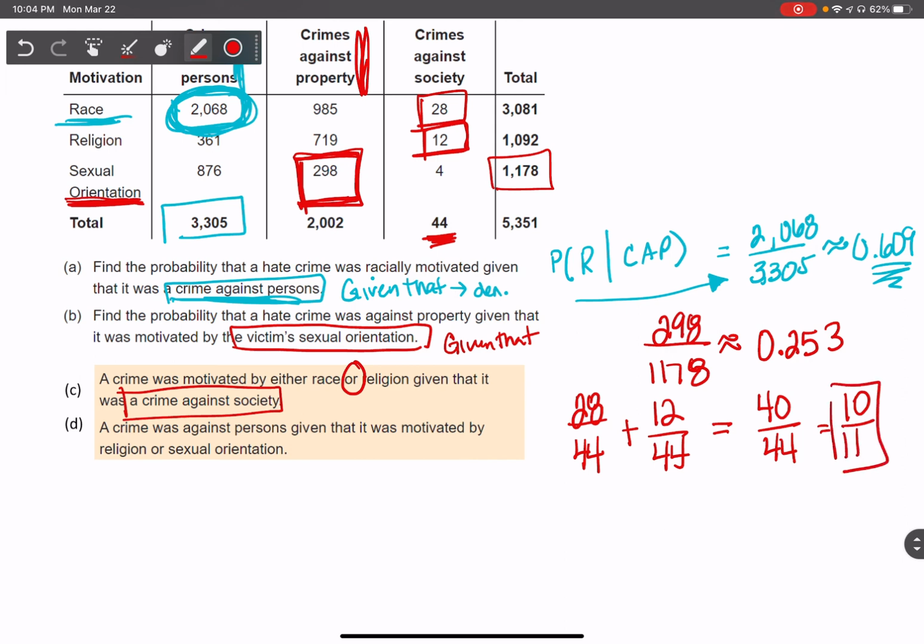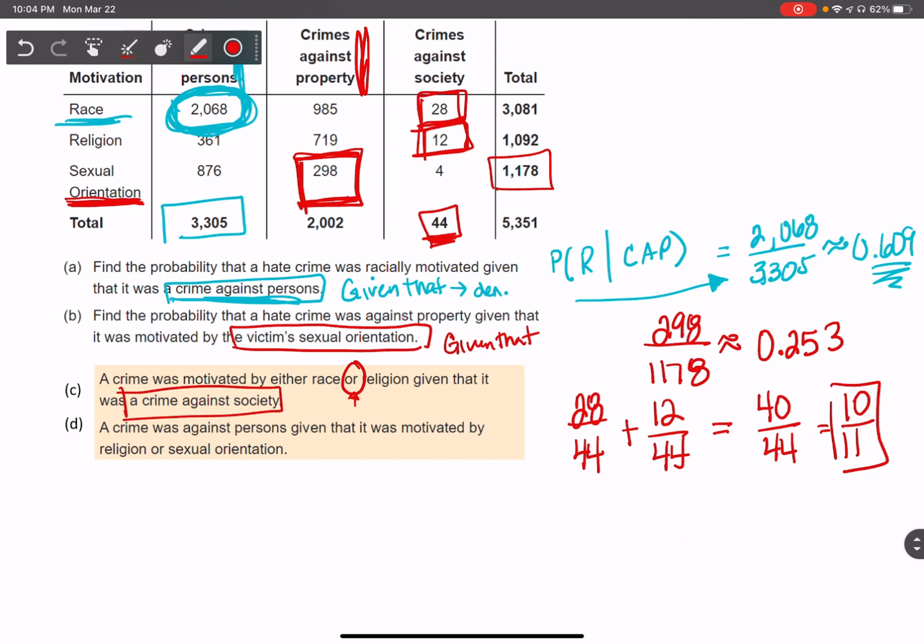Okay, 10 to 11. Once again, I got that from a crime against society. The total is 44. That's my denominator for both sets because it says or, I'm going to add them together. Okay, race or religion. Race was here, religion was here.